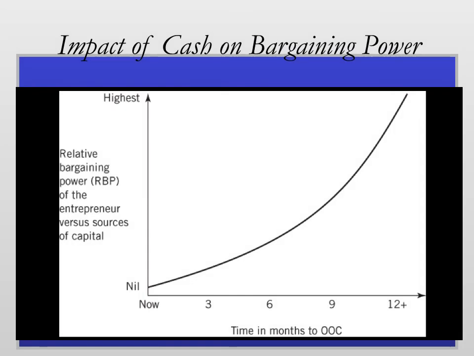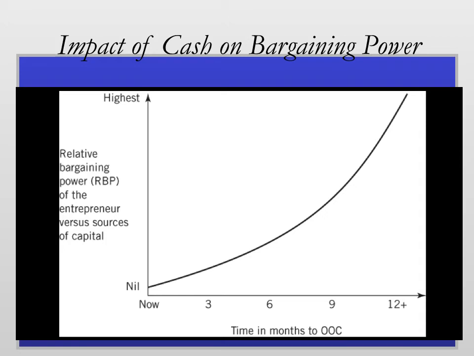So what are some ways that companies look at this? Well, this is just a graph from the book New Venture Creation, originally written by Jeffrey Timmons out of Babson University. And as you can see, the importance of why we want to know what our cash position is comes in handy when the entrepreneur is bargaining with the investors, the bankers, and such.